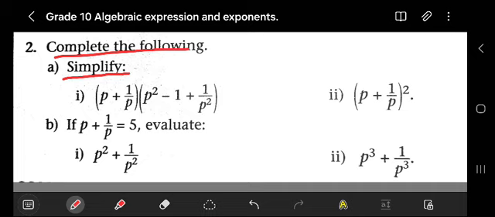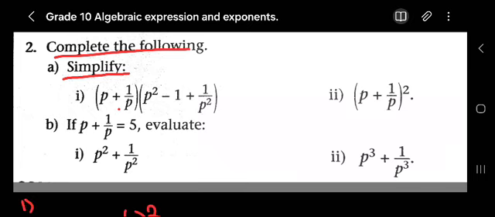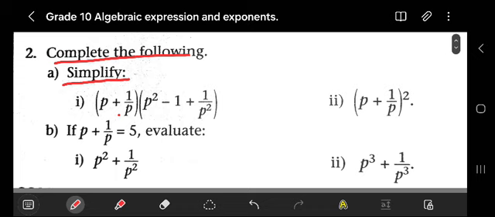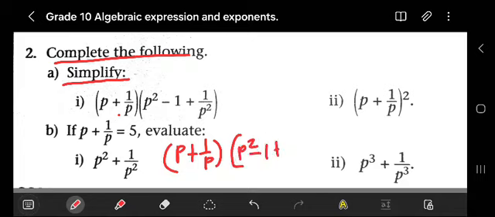Simplify, given i. By simplifying, you're supposed to multiply the binomial by the trinomial. So we know that, guys. We'll multiply the trinomial. What is it that we've been given? We're given to multiply p plus 1 over p into p squared minus 1 plus 1 over p squared.